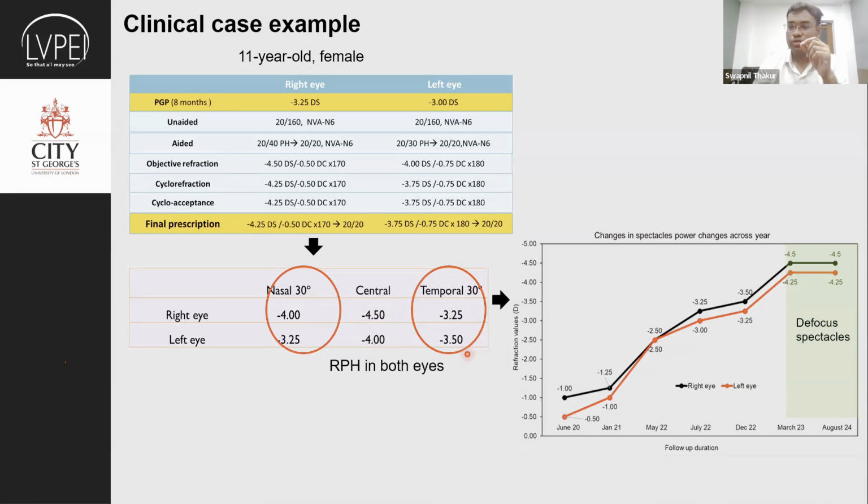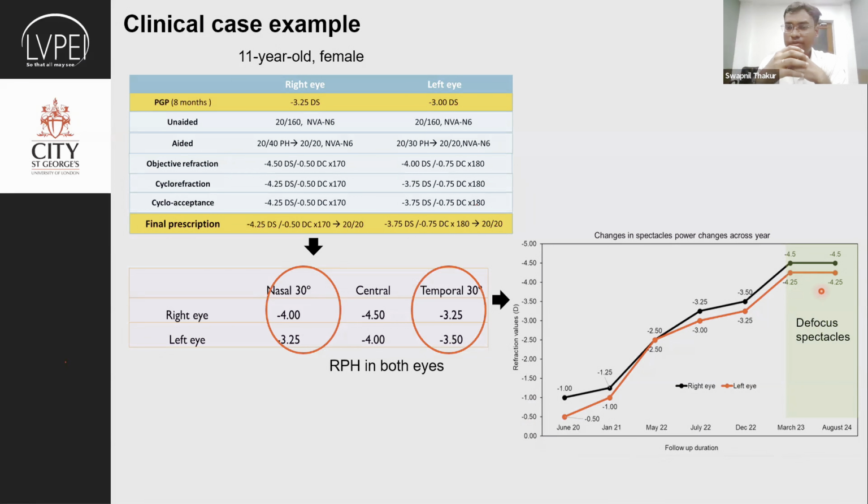So this made us prescribe defocus lenses to that individual. If you focus on this graph, the x-axis is the follow-up duration and the y-axis is the refraction values. After we prescribed defocus lenses, in the green zone, there is clearly less myopia progression.